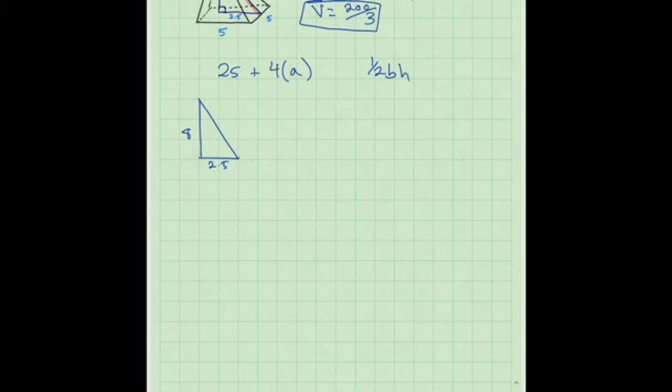And we will call this side C. So C squared equals 8 squared plus 2.5 squared, 64 plus 6.25, and that would be 70.25, and then we square root both sides.